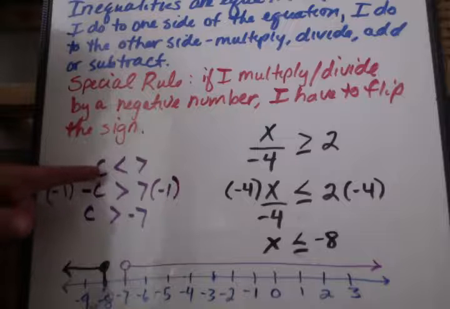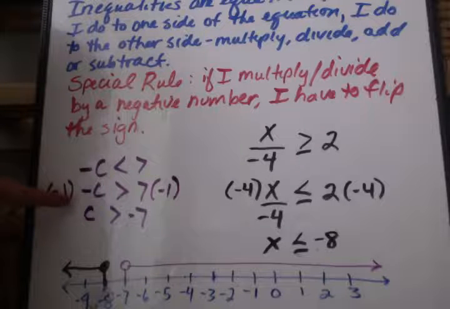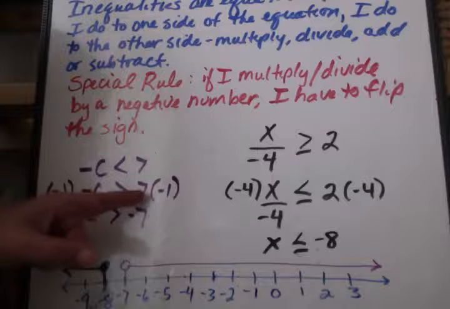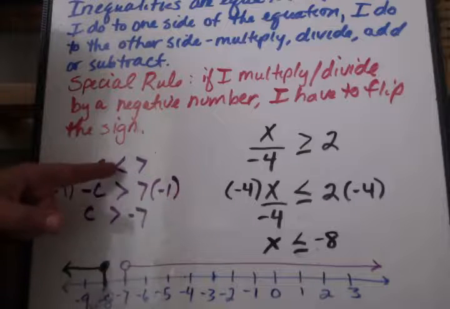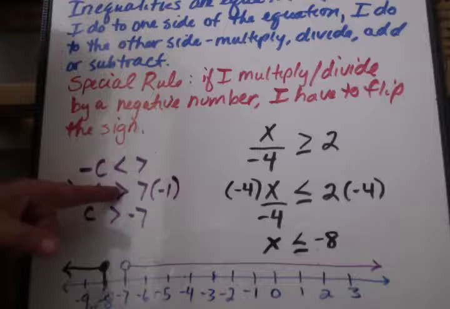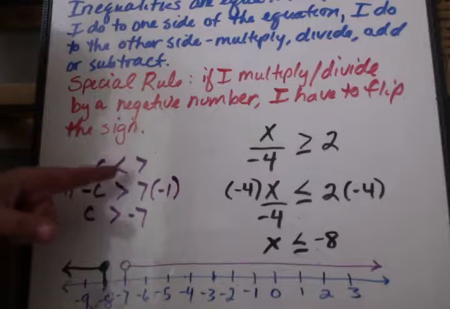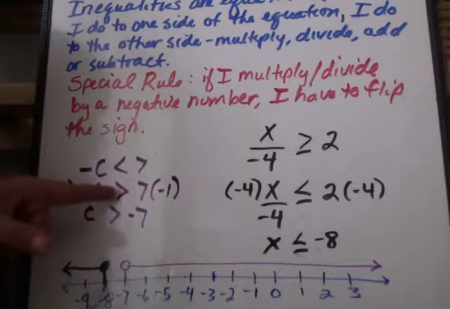So what I'm going to do is multiply the negative c by negative 1. And if I do that, I have to multiply both sides by negative 1. So I have to multiply the 7 by negative 1. And when I do that, I notice I changed the sign. This was a less than, now it's a greater than sign.